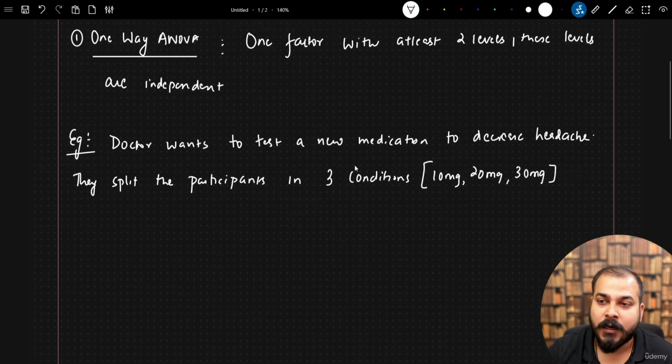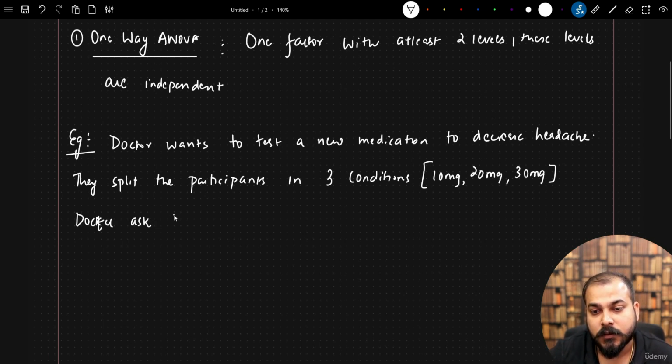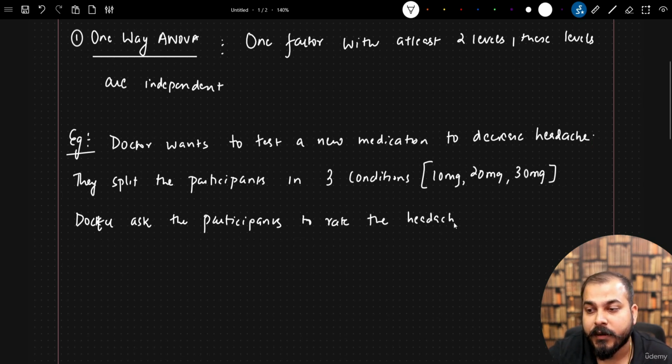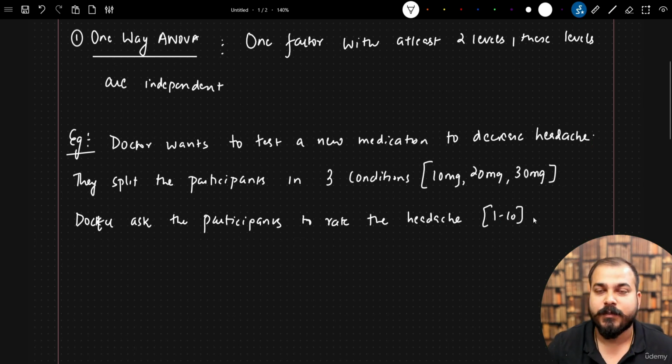Then the doctor also asked the participants to rate the headache between 1 to 10. So this is basically what the doctor specifically wants.